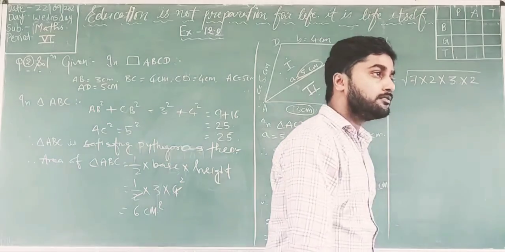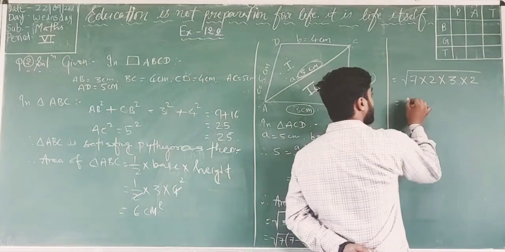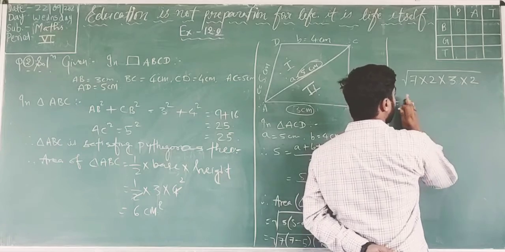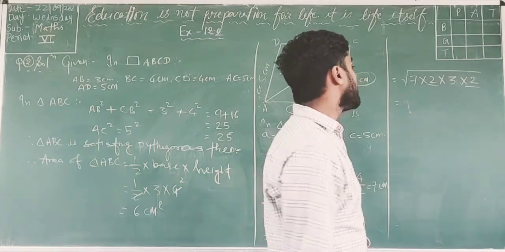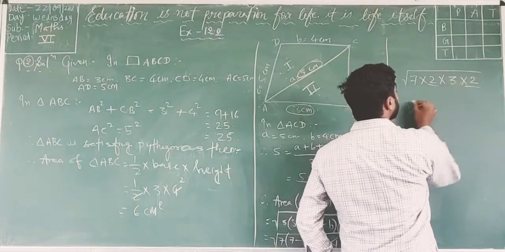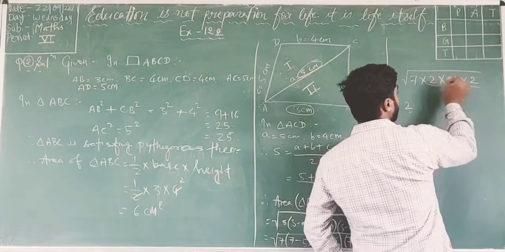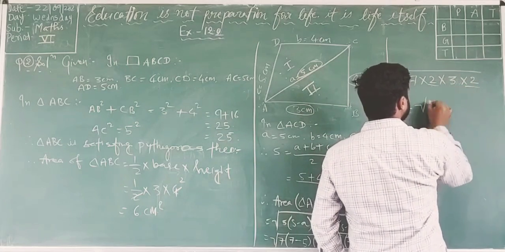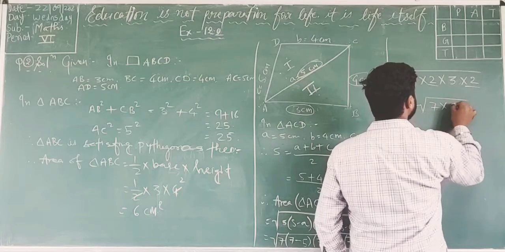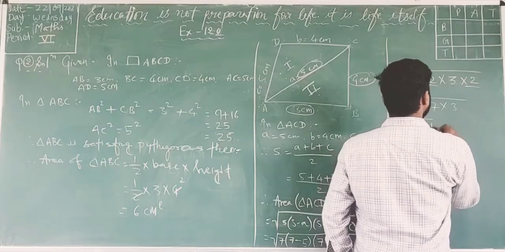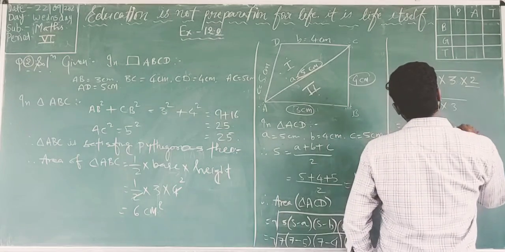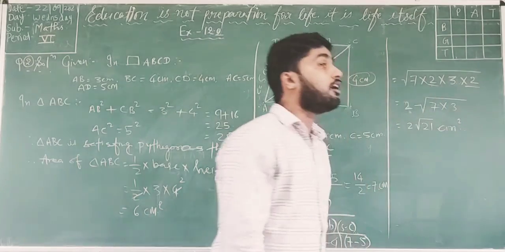Is it clear? Now make common factors 2 and 2. These all numbers are in prime factors, so 2 and 2 are only pairs. So 7 multiplied by 3, that will be 2 under root 21 centimeter square, which is area of that triangle.